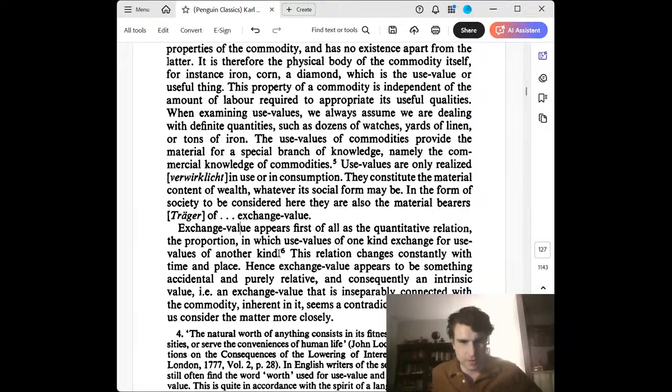That's where exchange value appears, in an act of trading one thing for another. It's quantitative because there are 2 boots and 1,000 pencils. There's a proportion because I'm saying 2 boots is proportional to 1,000 pencils.